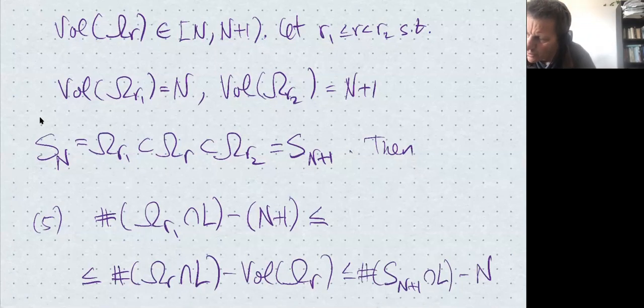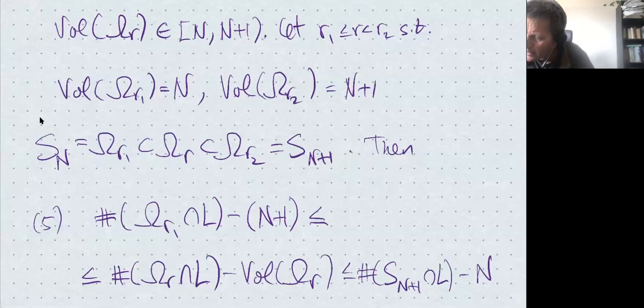So why is this true? I'm taking this quantity and I'm increasing it by replacing R1 with R. So when I make this set larger, the number of lattice points only grows. So this is replaced by that, and we've only increased it.